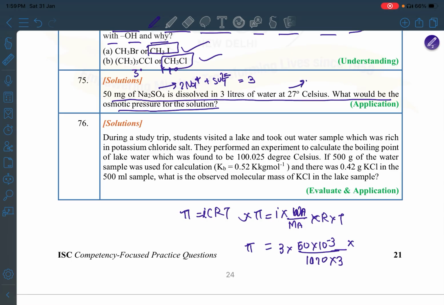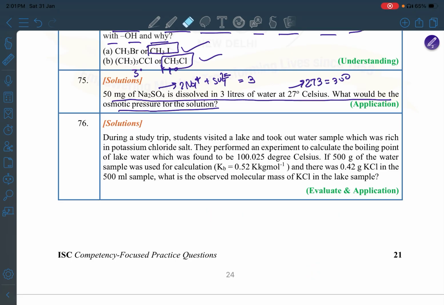Temperature is 27 plus 273, which equals 300, and the value of R is 0.0821. Whenever we solve, we get pi is equal to 1.381.